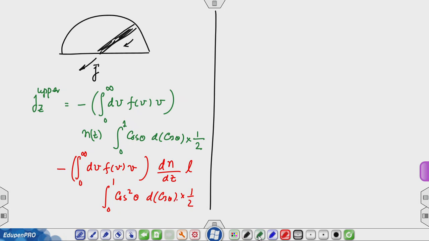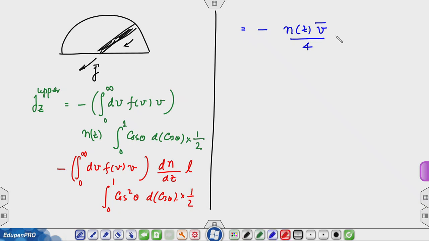So this current comes out to be minus, dv f(v) v is nothing but v bar. So n(z) v bar divided by 4. This is the flux that we had calculated in the previous lecture.